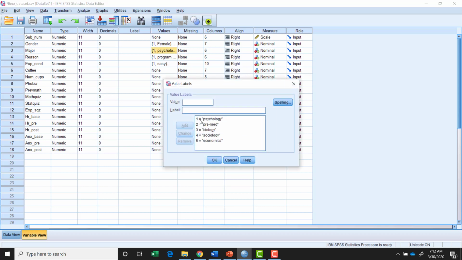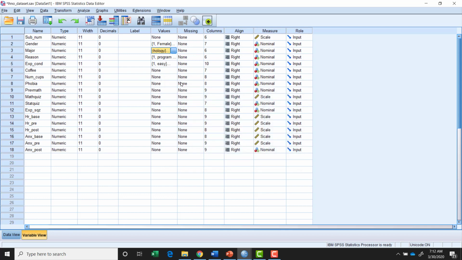And again, we have some slightly more complicated ones here. Here's the major. Again, this is a simplified data set. We have 5 majors taking this in this experiment. We have psychology, pre-med, biology, sociology, and economics.